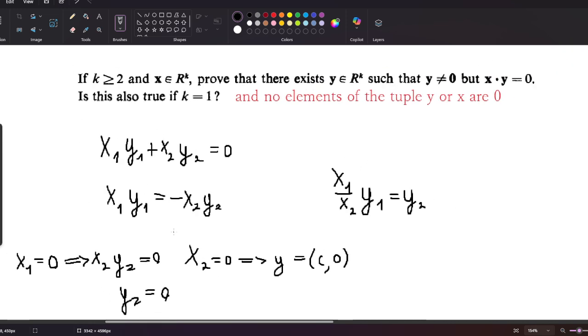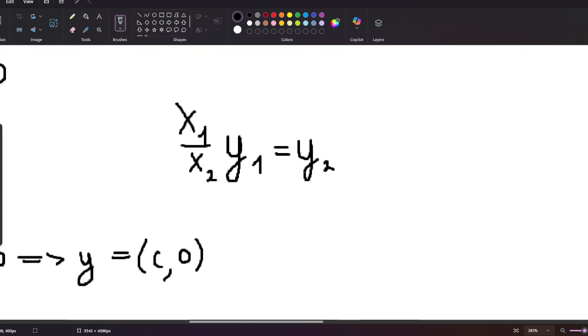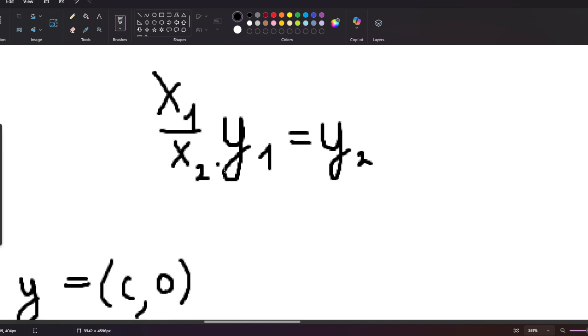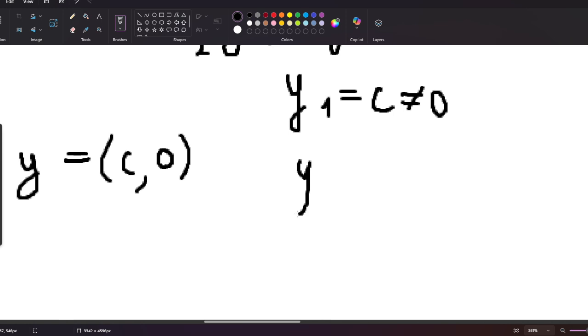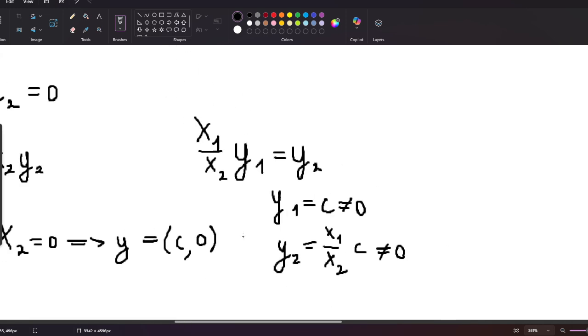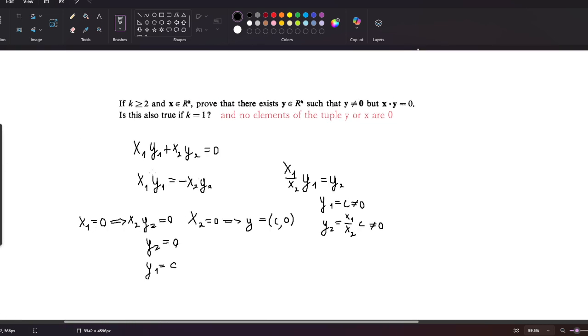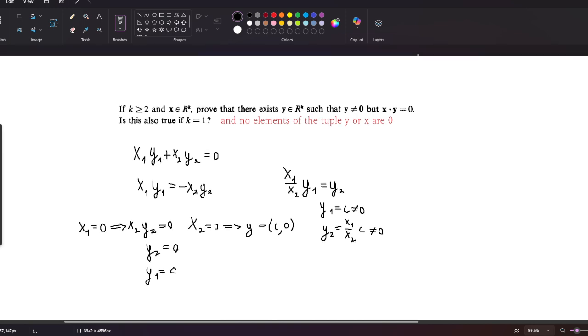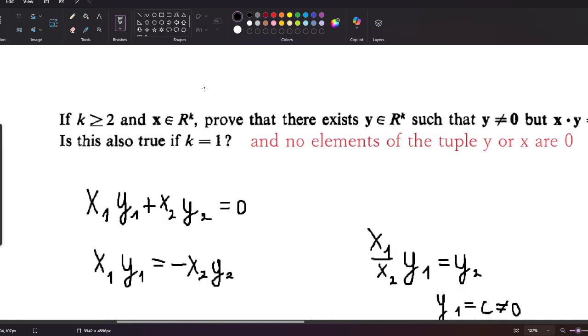And now what we can do is pick an arbitrary y1. y1 equals c, not equal to 0, and y2 is gonna be x1 over x2 times c, which is, well, also not equal to 0. So a solution exists. Now we just have to show through induction that that'll work for all vectors.